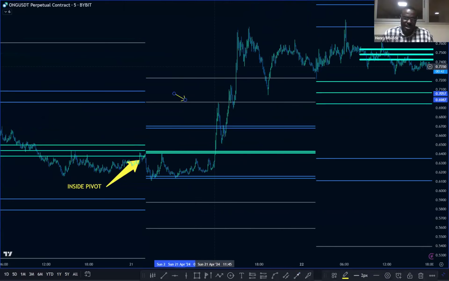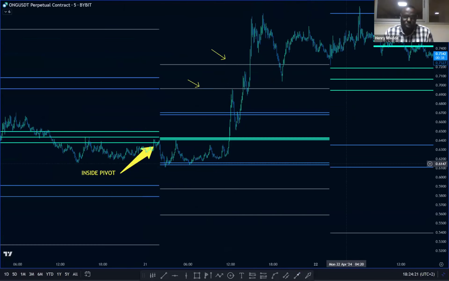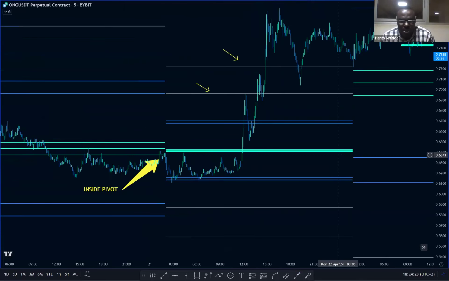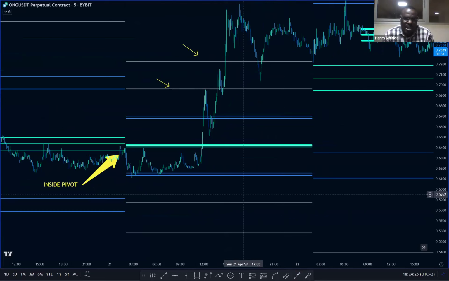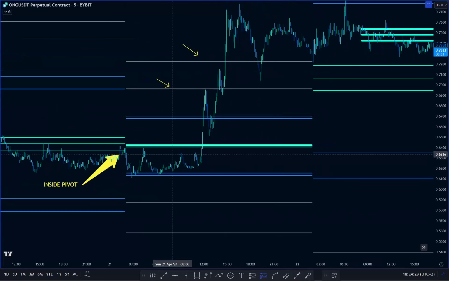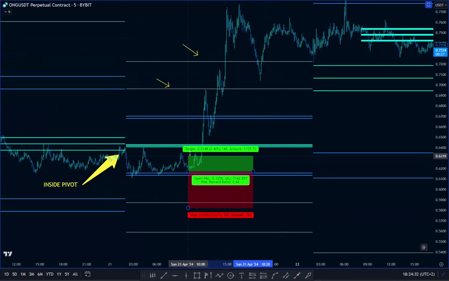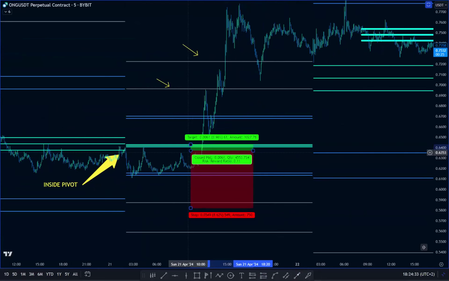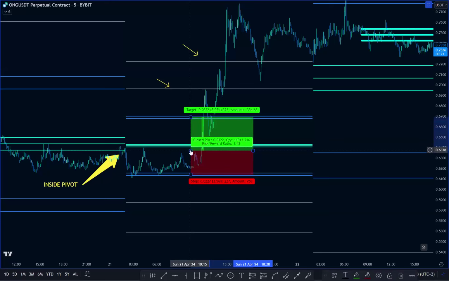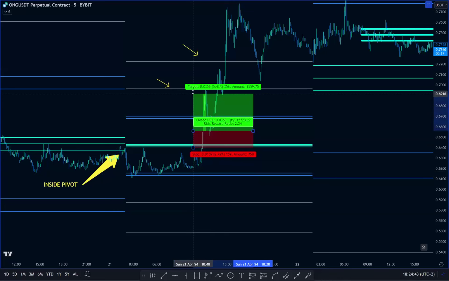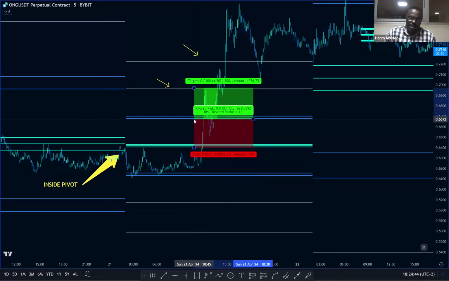So I think group members should learn to use the trailing stop loss, which many exchanges actually offer. Good idea. So when you enter here, when price hits your first target, you can move your stop loss up. If it moves up again, you can move it up higher. So we're just trailing, moving your stop loss as price goes higher, especially in these cases with inside pivots. That's what you're saying.